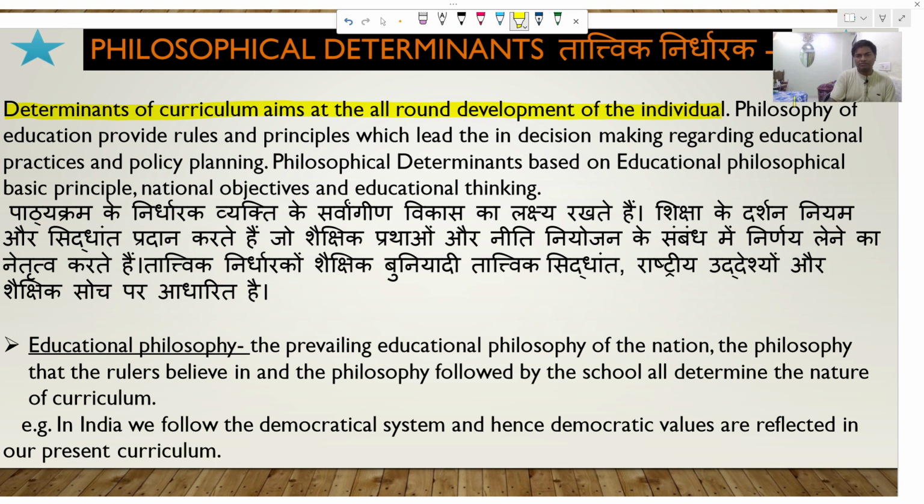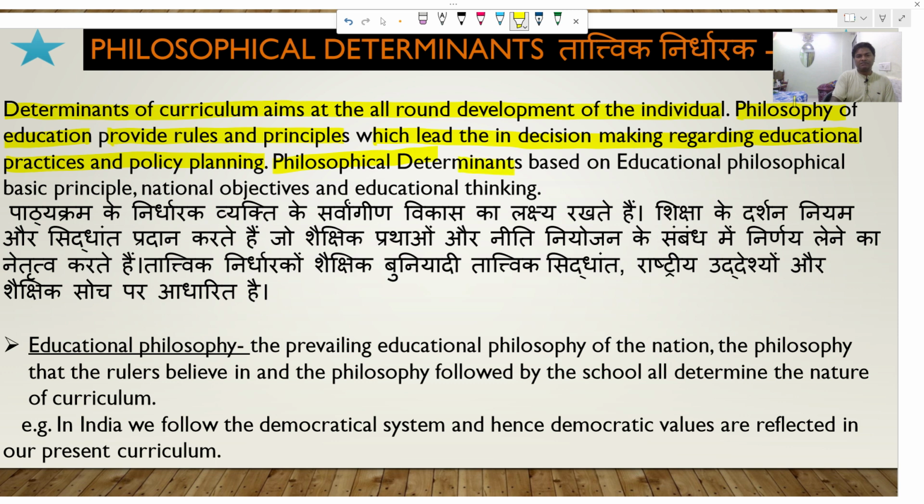Philosophy of education provides rules and principles which lead the decision making regarding educational practices and policy planning. So it refers to policy planning.